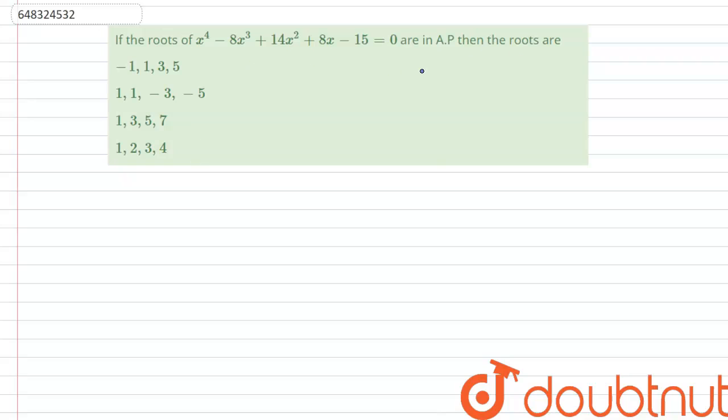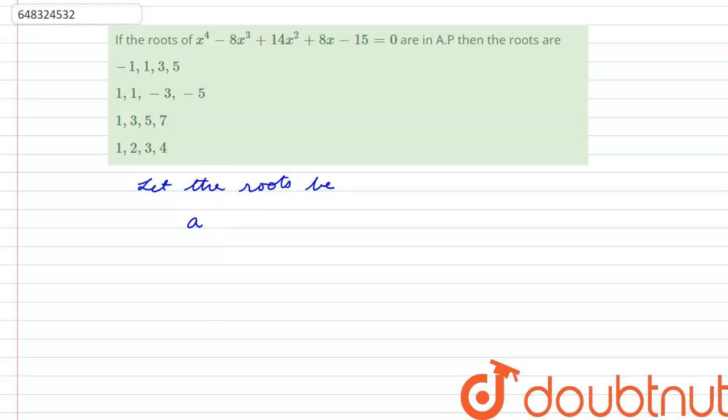Since it is given that the roots are in AP, let the roots be, since they are in AP, we can take the first term as A and we will have the common difference as 2D, right?